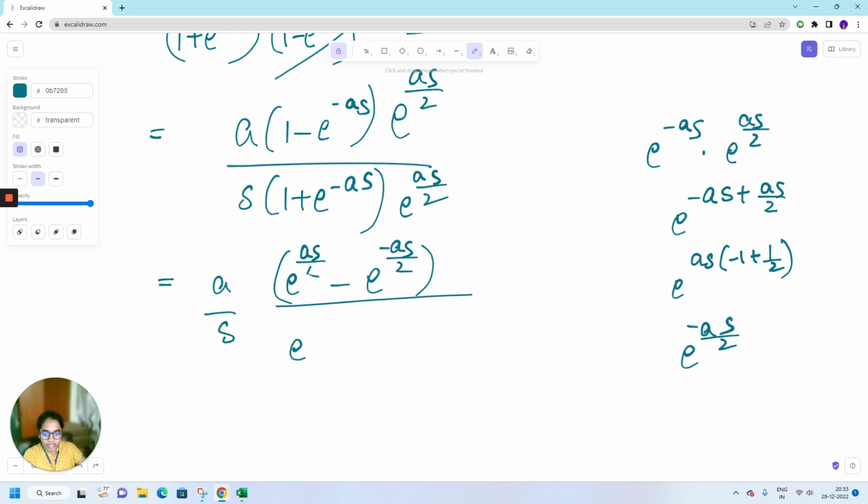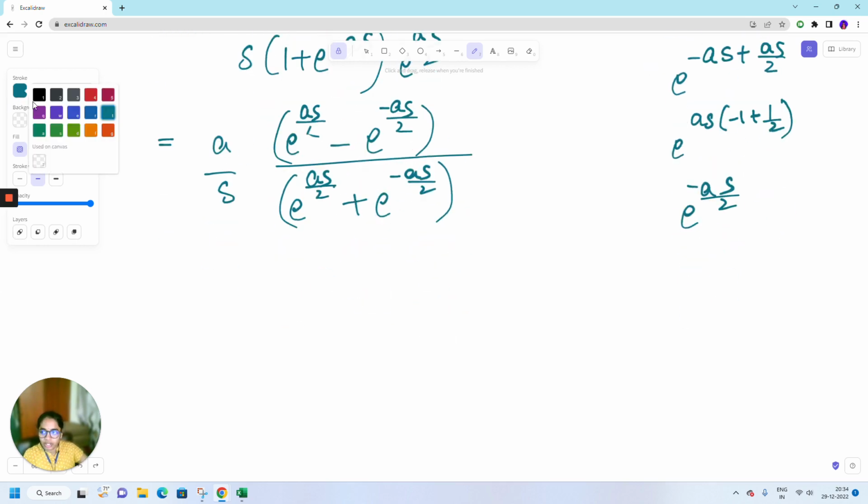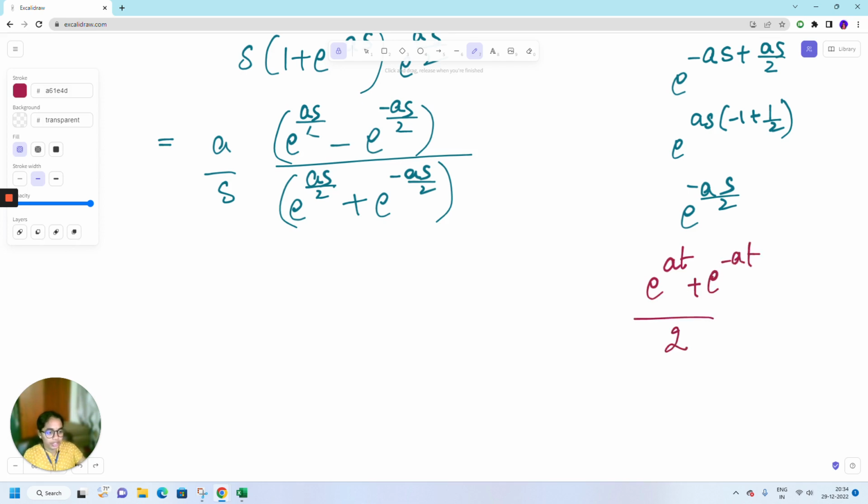The same logic in the denominator, I would get e power s divided by 2 plus e power minus s divided by 2. Now going back to our hyperbolic formulas, what is e power x plus e power minus x divided by 2? It is cos hyperbolic x. So e power x plus e power minus x would be 2 cos hyperbolic x.